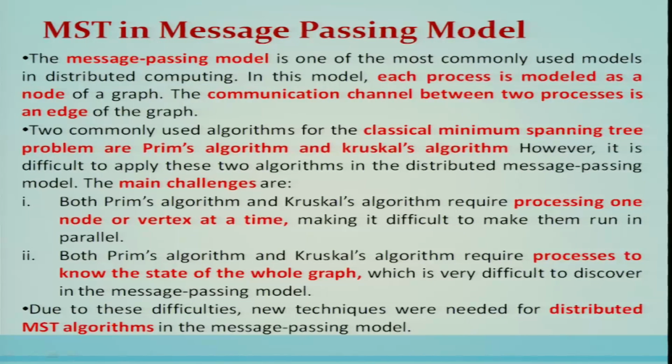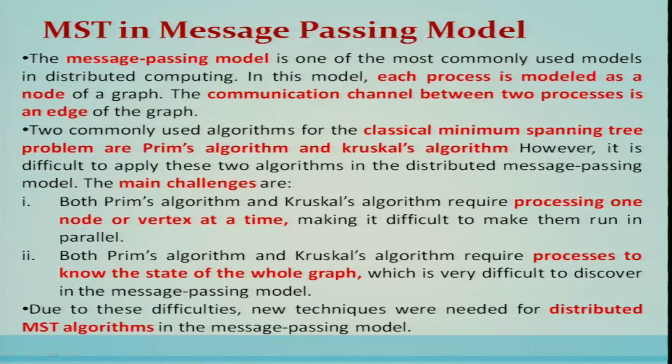Two commonly used algorithms for the classical minimum spanning tree problem are Prim's algorithm and Kruskal's algorithm. However, it is difficult to apply these two algorithms in a distributed message passing model. The main challenges are: both Prim's algorithm and Kruskal's algorithm require processing one node or vertex at a time, making it difficult to run them in parallel.